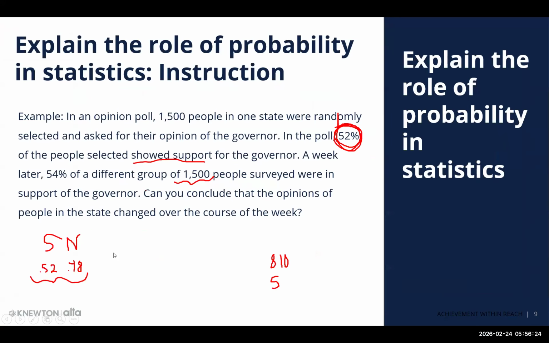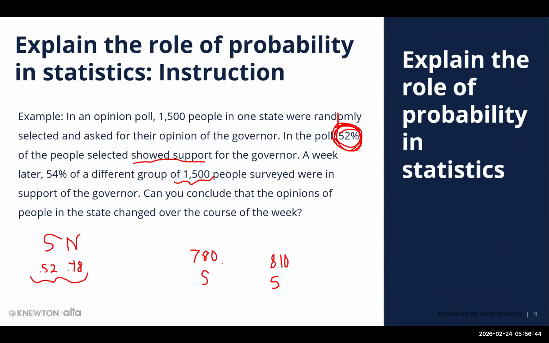So we were actually expecting 780 to support, based on this probability.